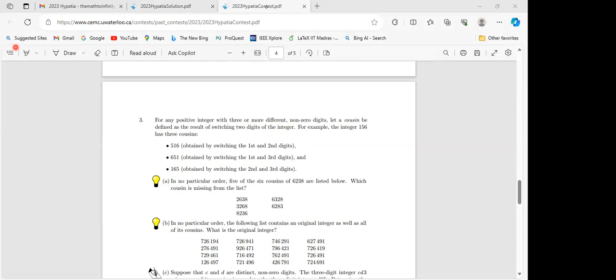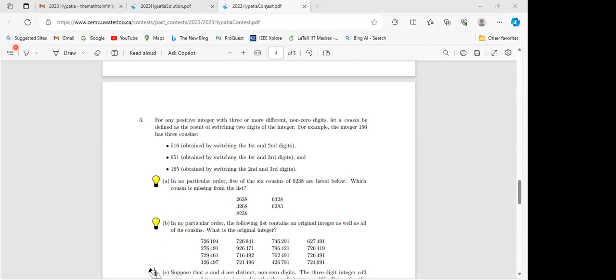For any positive integer with 3 or more different non-zero digits, let a cousin be defined as the result of switching 2 digits of the integer. For example, the integer 156 has 3 cousins: 516, 651, and 165.